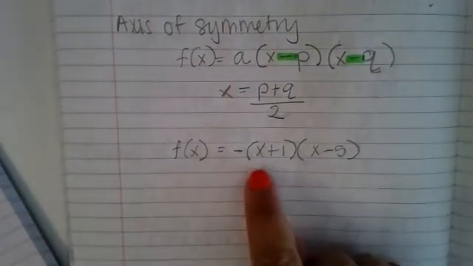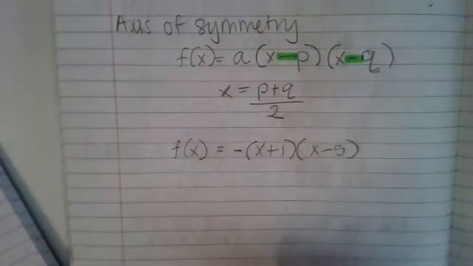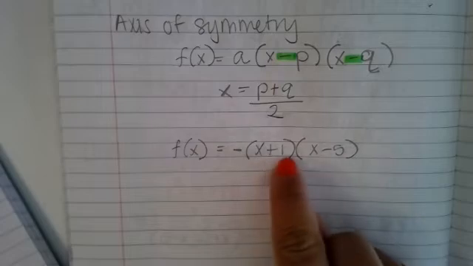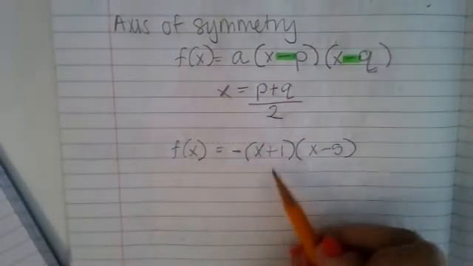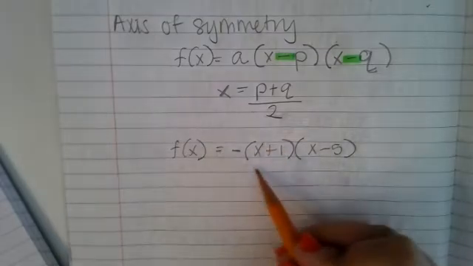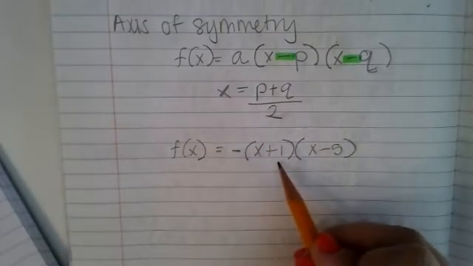So when I come down here and I have x plus 1, in order to have a plus 1, that means that my p-value has to be a negative. That's really important to pay attention to.